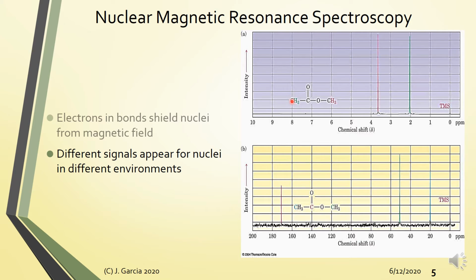So, parehong methyl group. But as we can see here, the signal for the methyl protons attached to the oxygen is more towards the left, more downfield compared to your methyl protons connected to your carbonyl group.